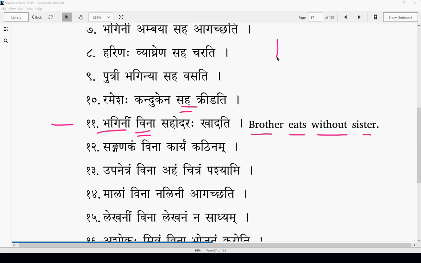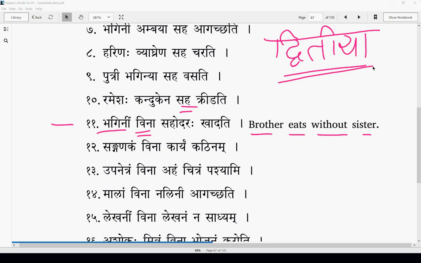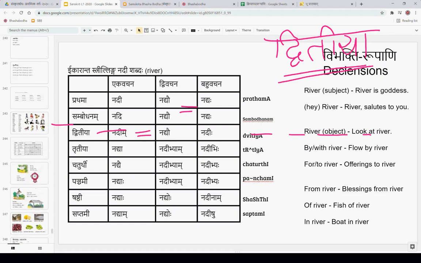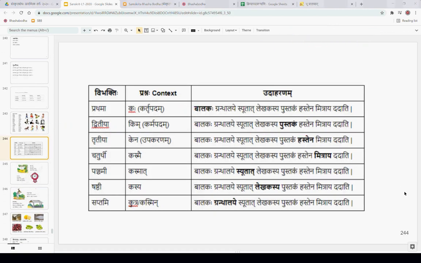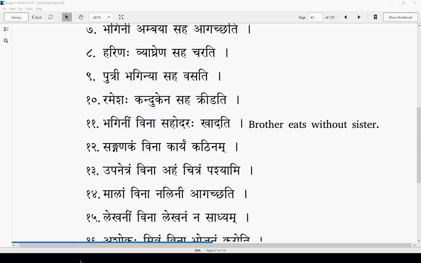So here, Dvitiya Vibhakti in the previous lessons, what role was it going to play? Object. Karma. Like if you see this table here, Dvitiya, Kim, Karma, Balakaha, Kim Dadati. That is the question, Kim Dadati, object here. Pustakam Dadati. However, in these examples, is that an object? No. Bhaginim Vina. If you remove this Vina, what happens?